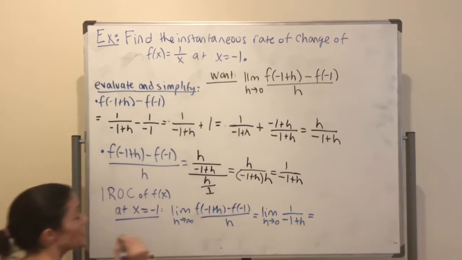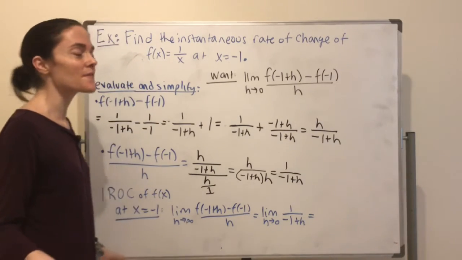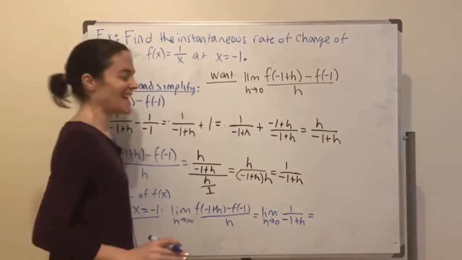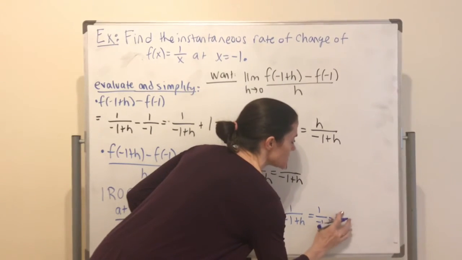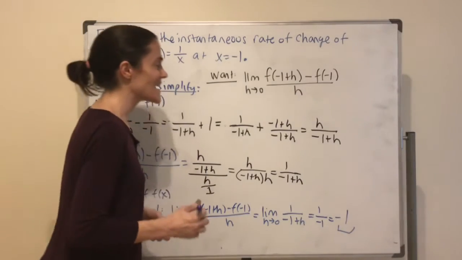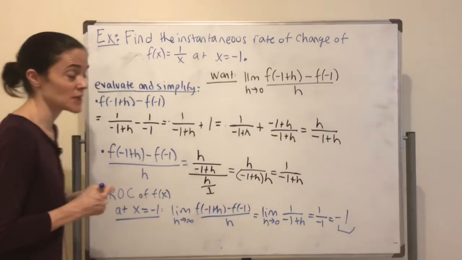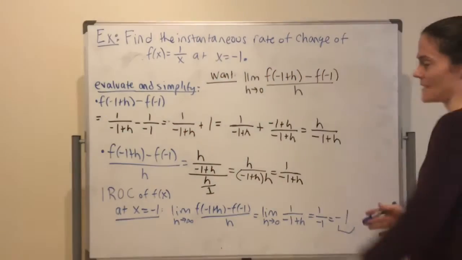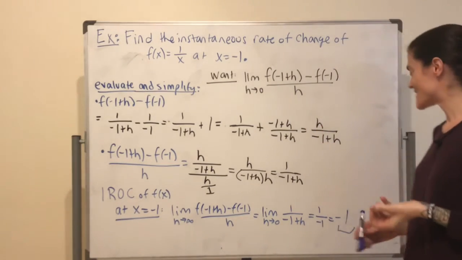Now there's no problem, as I mentioned, with substituting h equals 0. So let's just plug in h equals 0. We get 1 over minus 1, which is negative 1. Okay? And this we have actually calculated. This is the limit. This is the instantaneous rate of change, and it matches with what it appeared to be by making the table and evaluating a few small h values.